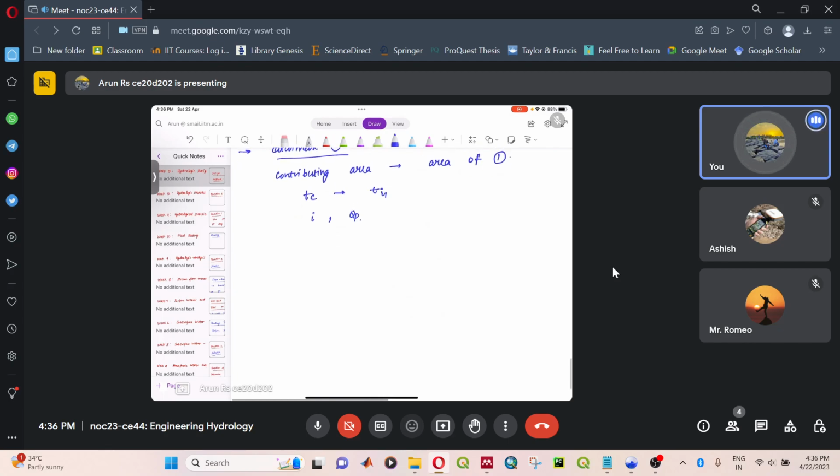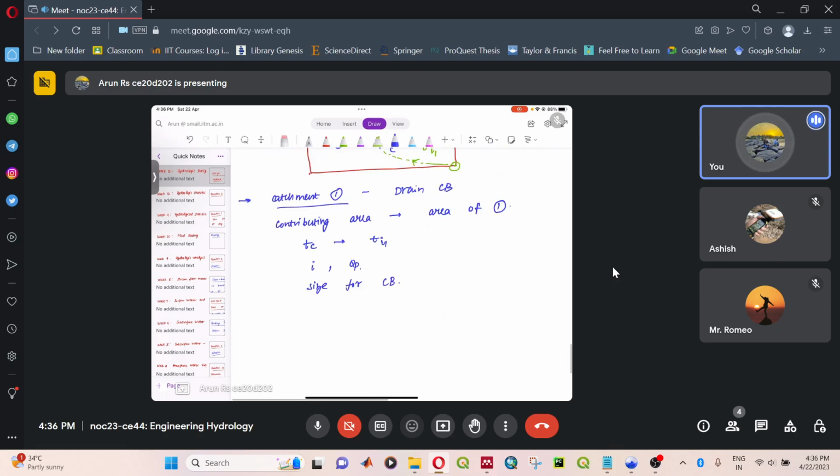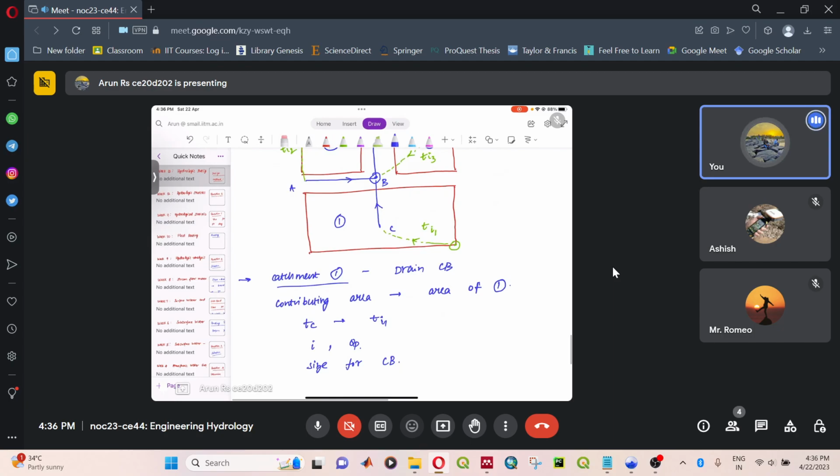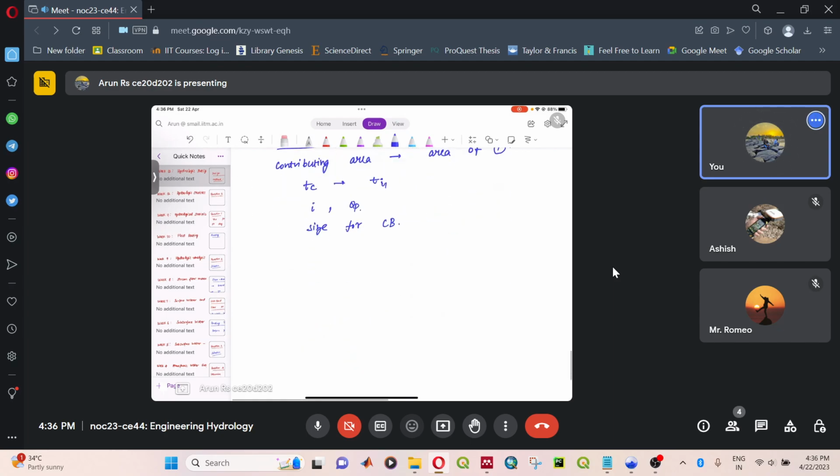And after finding out the size, then determine the size for CB. Then once you determine the size for CB, we can calculate what is the time that is required for the runoff to travel from point C to point B. So this is called the channel flow time.